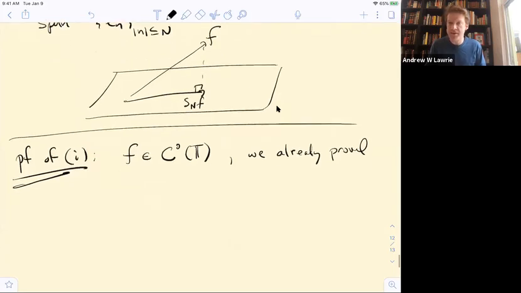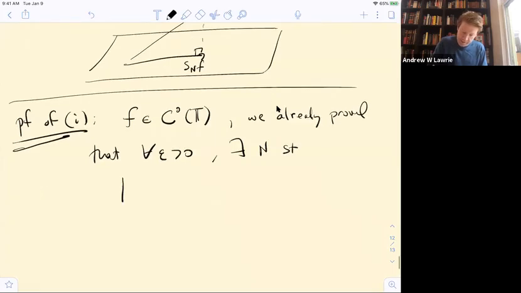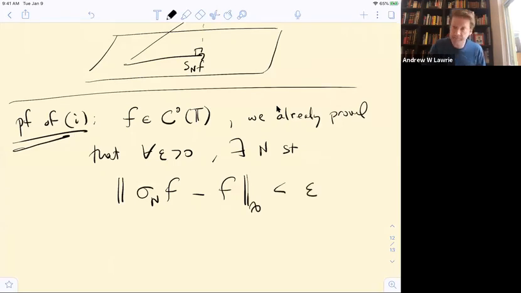The trig polynomials were dense. For every epsilon bigger than 0, there exists an N such that the sup norm of sigma_N f minus f, in L infinity, is less than epsilon. You can approximate f by a trig polynomial, in particular by taking the ones obtained via the Cesaro means of f.